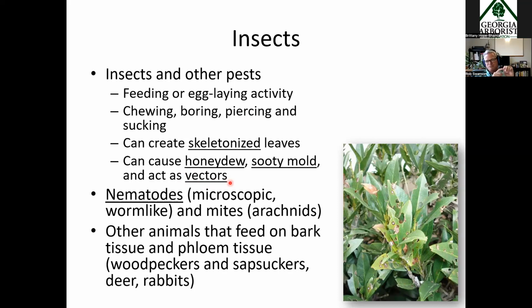The beetle can be a carrier for oak wilt. So if it's carrying oak wilt and it drinks the sap out of a damaged oak tree, it can inoculate that oak tree with oak wilt. That makes the beetle the vector.